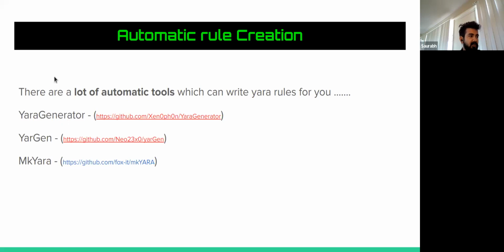Go check them out: Yara Generator, YarGen, and mkYARA. Florian Roth has done a tremendous amount of work when it comes to Yara, so check him out. I think one of those tools belongs to him, yarGen. I could have shown you automatic rule creation, but let's skip it because we are running out of time.